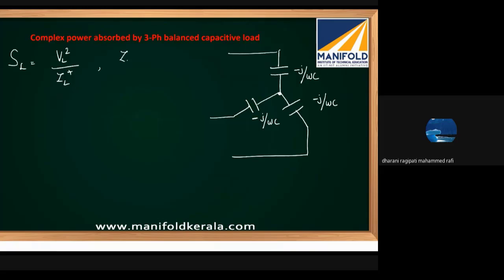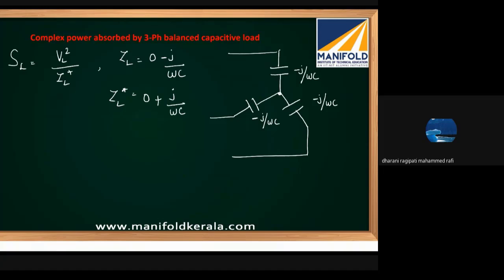Here ZL is 0 minus j divided by omega C, so ZL conjugate becomes 0 plus j by omega C. When you take the conjugate, only the polarity of the imaginary term changes.